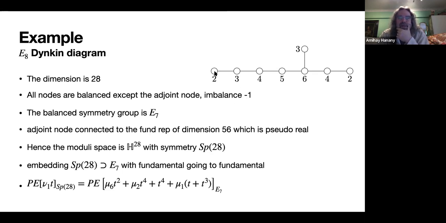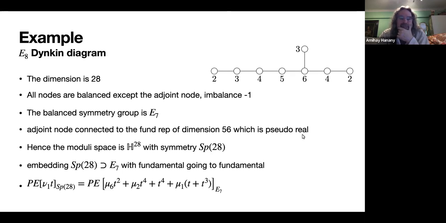And if I take this node out, I'm left with those nodes. All of them are balanced, and they form the Dynkin diagram of E7. So the symmetry group is E7, and the adjoint is connected to this node, which for E7 is the fundamental representation of dimension 56, which is again pseudo-real.